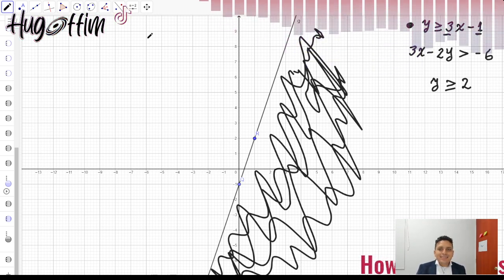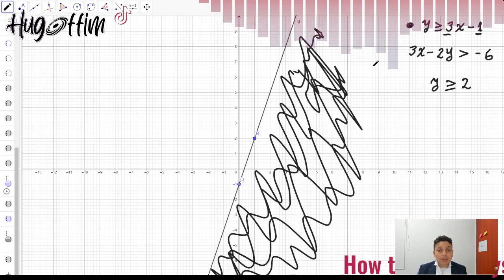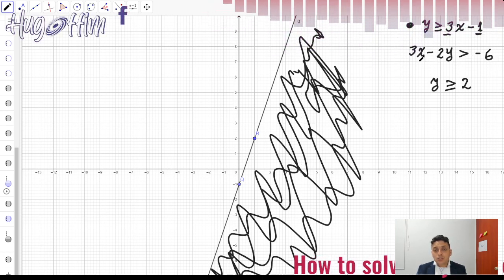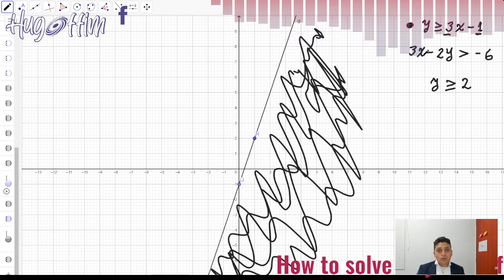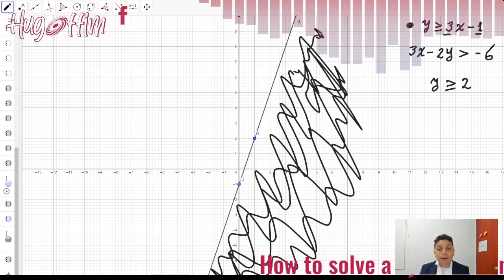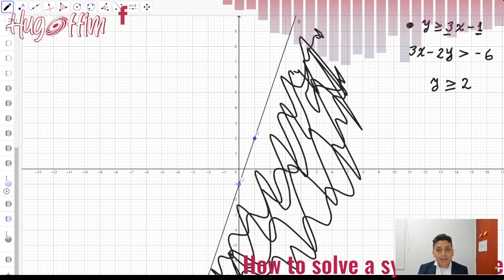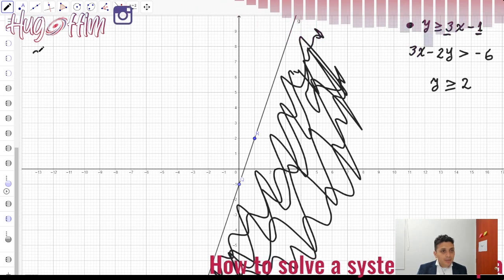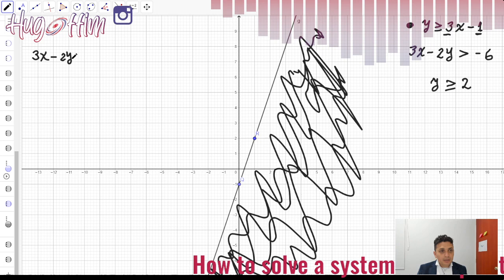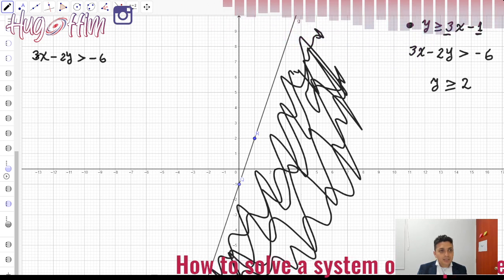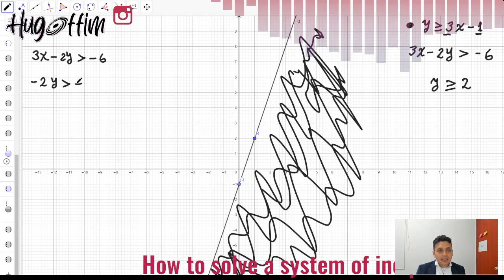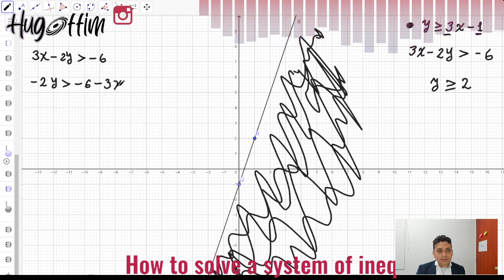Now, the next step is that in the same Cartesian plane, I'm going to graph the second inequality. But as you can observe, the second inequality is in terms of 3x minus 2y greater than negative 6. So I don't have it in the form y equals mx plus c. So I'm going to solve this inequality for y. I'm going to write here 3x minus 2y greater than negative 6. I'm going to subtract 3x on both sides. So I get negative 2y greater than negative 6 minus 3x.